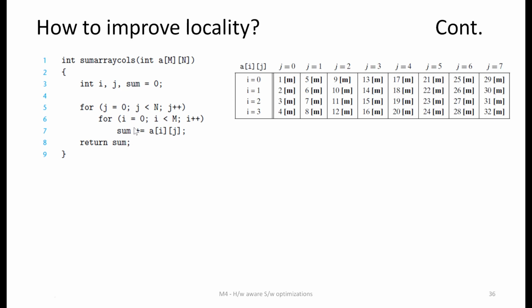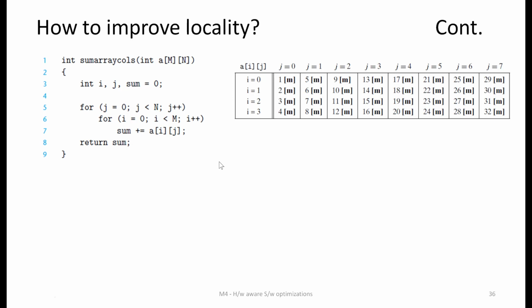But immediately in the second iteration of the i loop, we would access A10. So again it is a miss, but we would get all these blocks into the cache. A20 is a miss, and 4 data items come into the cache, and A30 will be a miss again, and would have brought these 4 elements into the cache.